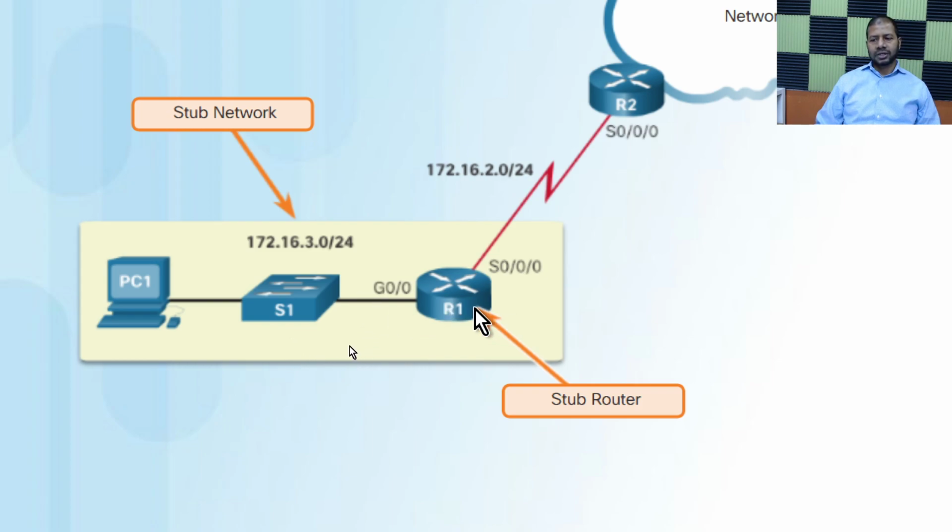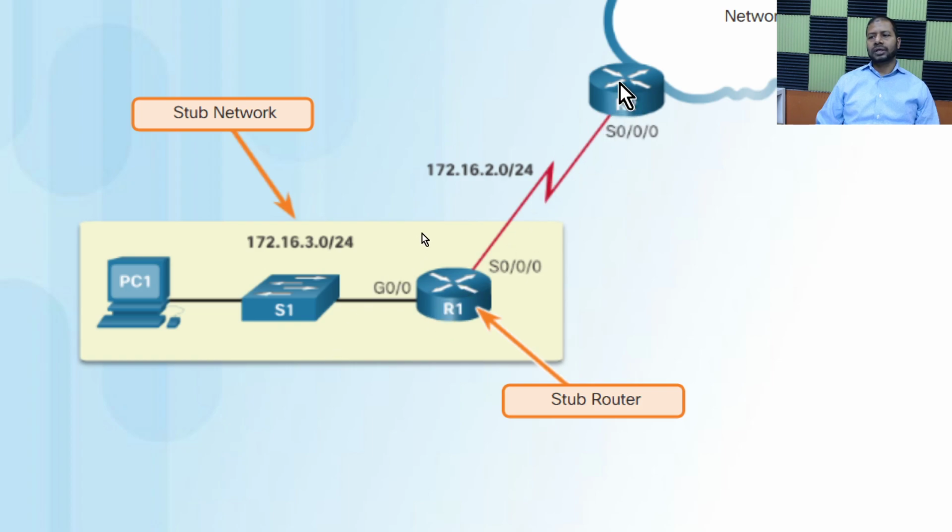In this simple scenario, static routing is more useful, having less overhead of CPU, memory, processor and bandwidth. You don't need to use that. Just write one line of static route. Think of this stub network: for computers in this network to go out, R1 has to send the data to the ISP's router here. So this router R1 is connected to R2.